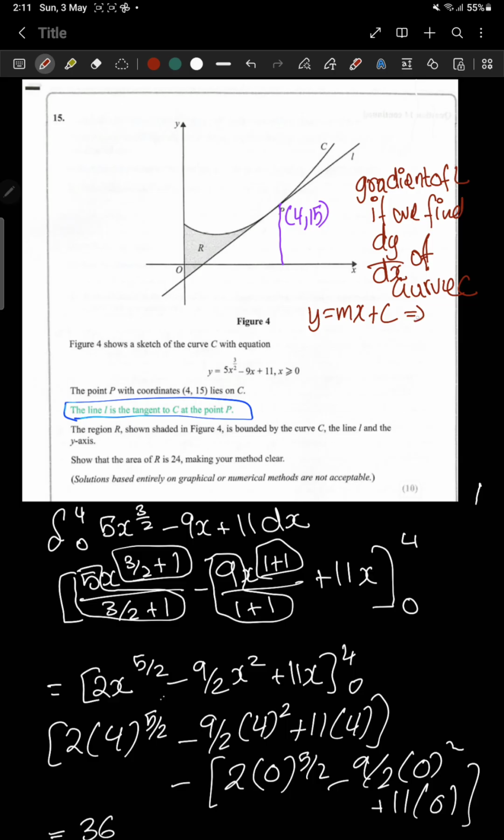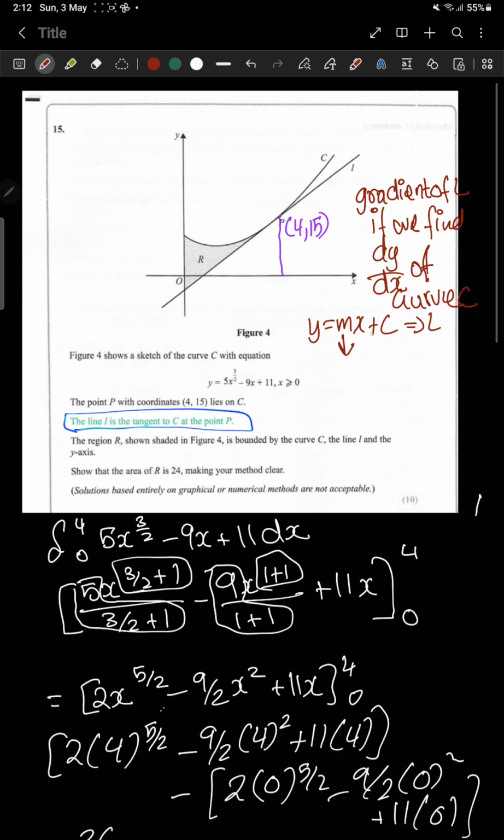The equation of L is y = mx + c. If we have the gradient, we can easily find the equation of the line, because we have the point P. That is required for finding the straight line equation.